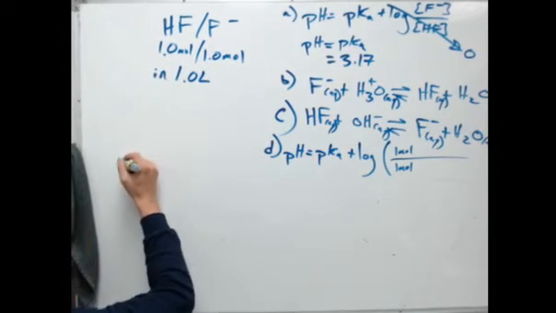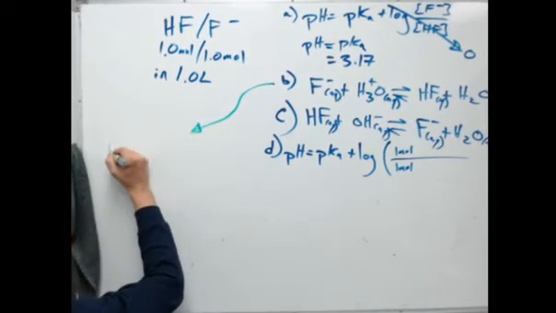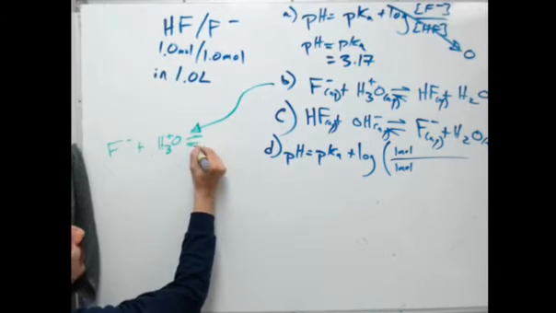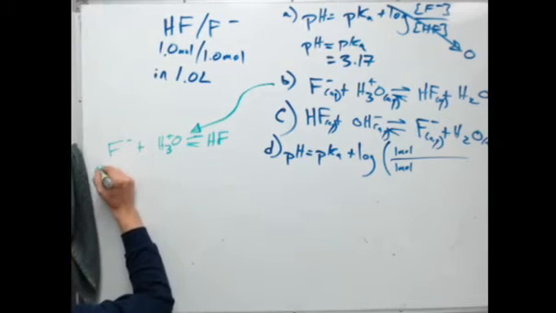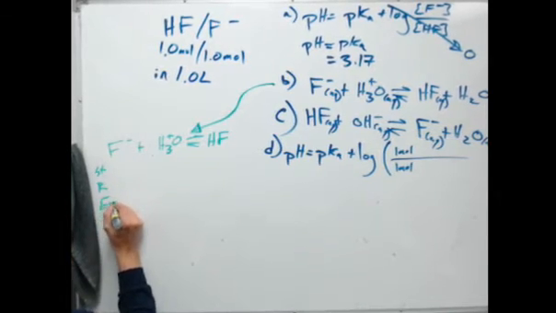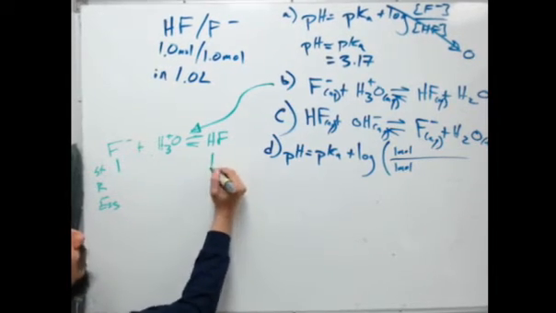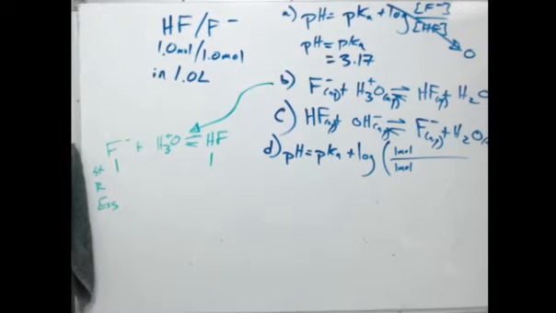Okay, so we've got our same reaction from B. We've got F minus plus H3O plus goes to HF. I'm not going to worry about the water. This doesn't matter right now. I've got start, reaction, excess. I've got 1 mole. I've got 1 mole. So notice that 1 mole that I put here is the start.